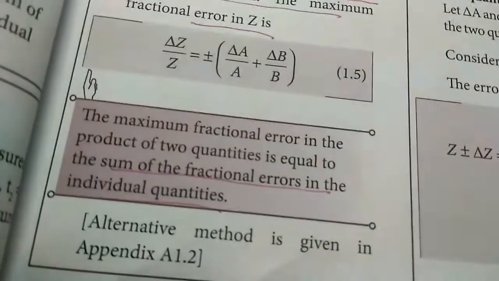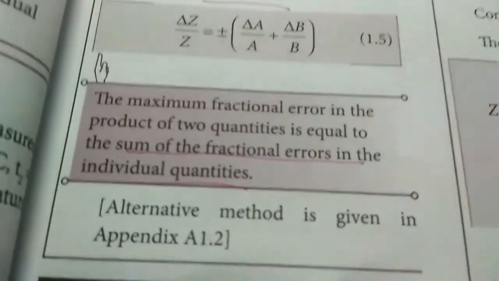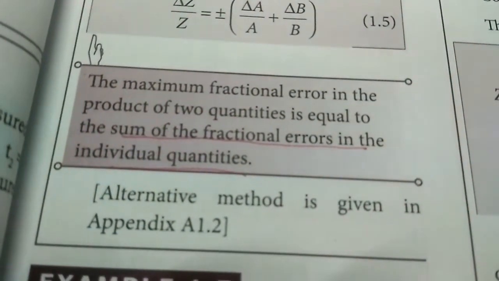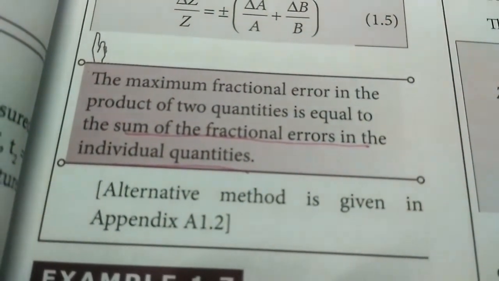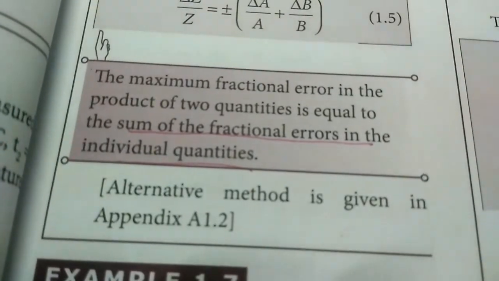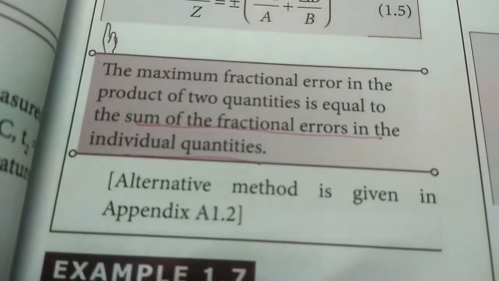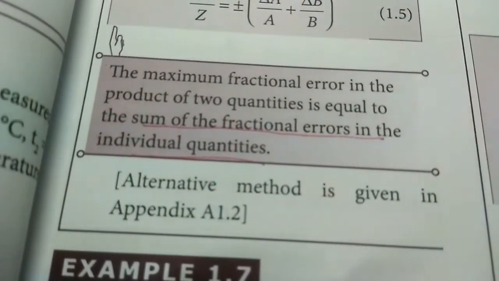That is the result. So the maximum fractional error in the product of two quantities is equal to the sum of the fractional errors in the individual quantities.